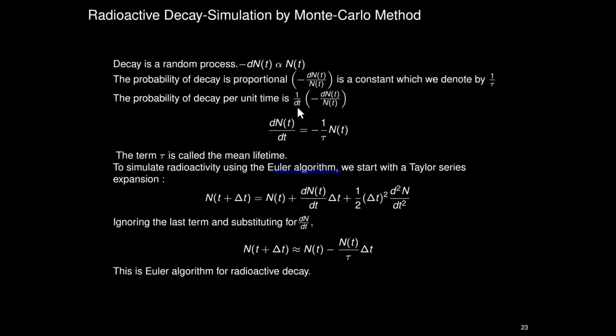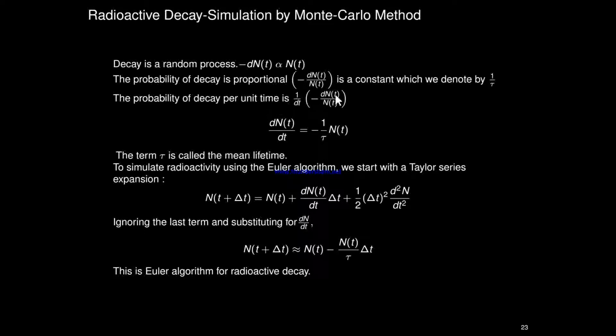Some specimens will be decaying within seconds, so you can use dt in terms of seconds. Sometimes they may take years to decay, so we take dt in units of years. So you simply say that this is unit time, maybe 1 second or 1 minute or 1 year.